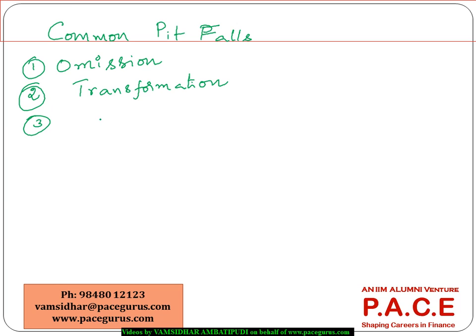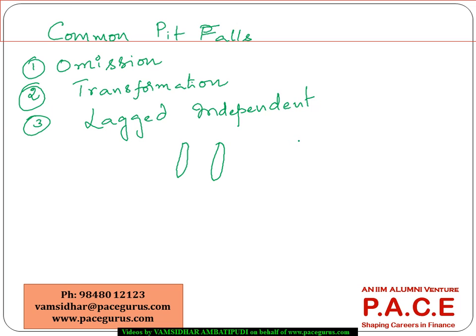And sometimes I may have to use a lagged independent variable. Like when I am trying to find out profits versus the sales, instead of taking the profits and sales both of the same period, it may so happen that I take the profit of this period, whereas the sales I take of the last period.